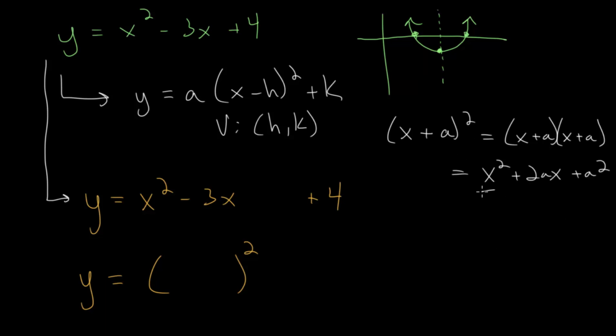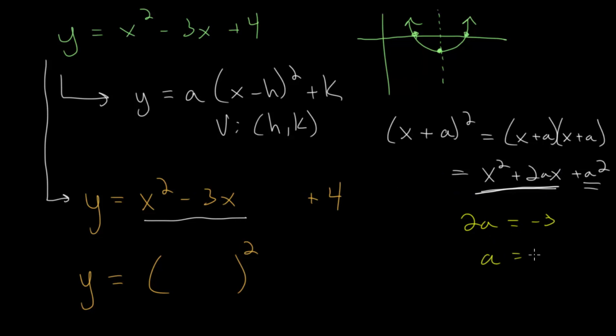So we essentially have this right here, x squared minus 3x. This is our x squared plus 2a times x. And we just need to figure out what we need to add here so that we can essentially go backwards and transform this into some binomial squared. And to figure that out, we just need to figure out what a is and match it up with our -3 here. We can see that twice a, the coefficient on x, in this case would be -3.